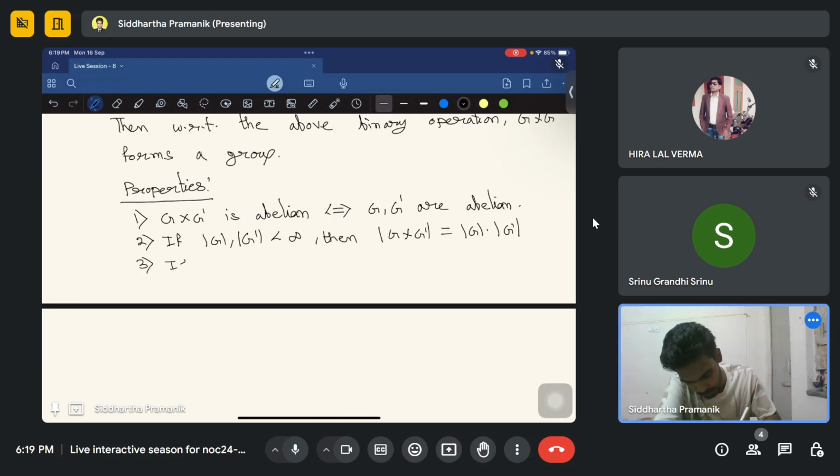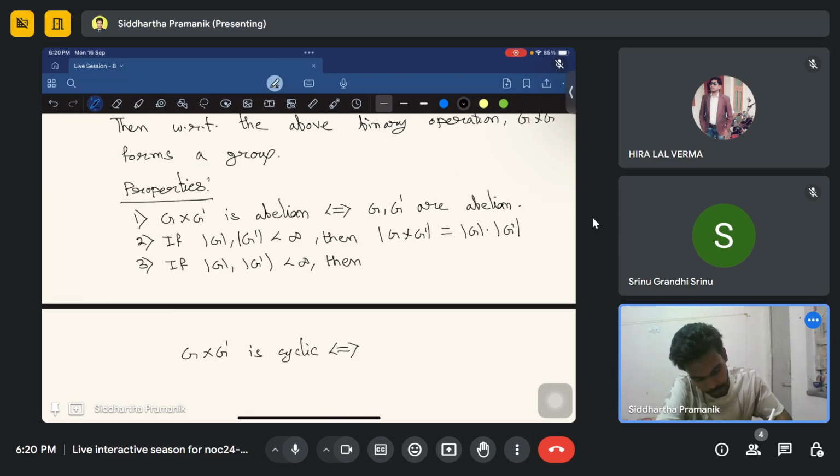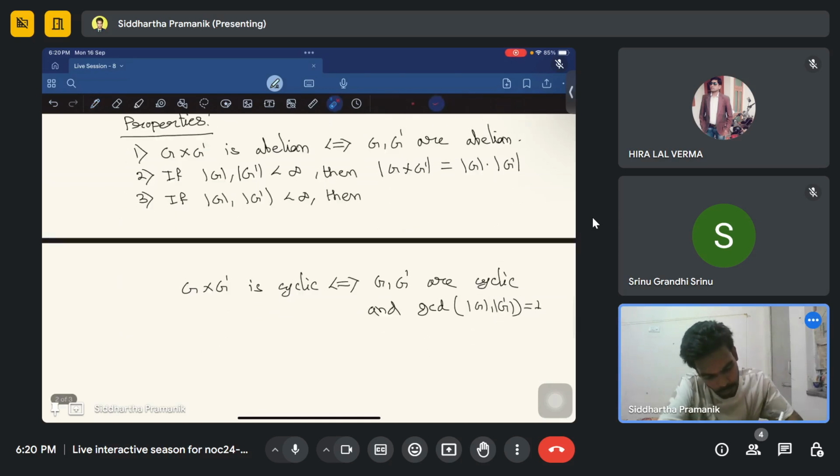Third, if both G and G prime are finite groups, then this Cartesian product is a cyclic group if and only if both G and G prime are cyclic and their orders are relatively prime, meaning the GCD of the order of G and the order of G prime is 1.